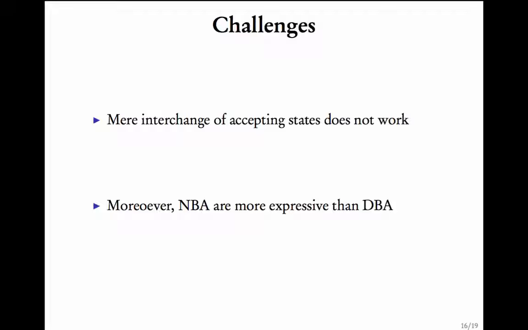Recall that in the case of finite word languages, given an NFA, we first converted it into a DFA and then did this interchange. In this case, first of all, we cannot convert every NBA to a DBA. Moreover, doing this interchanging of accepting states also does not work. So how do we try to get the automaton for the complement?